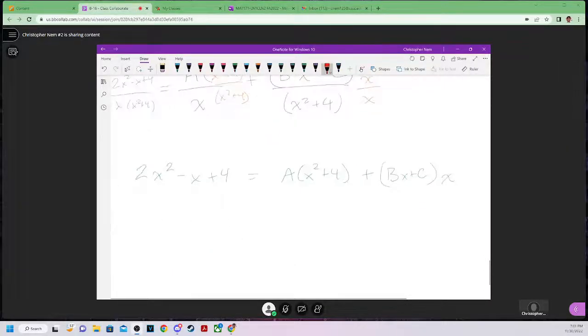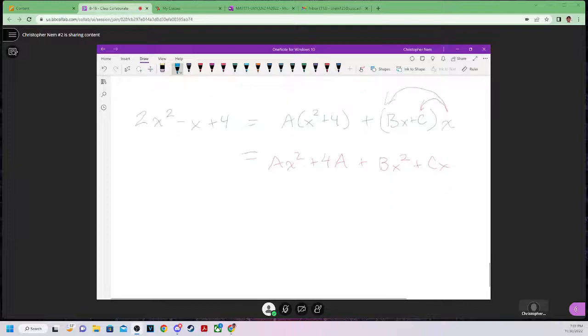Now I have to FOIL, or distribute it out. The first one is going to be ax squared plus 4a. That's easy, just distribute. The second one I have to distribute backwards. Some of you might be confused on that, but distributing works left side and right side. This just looks different. So now I have plus bx squared plus cx.